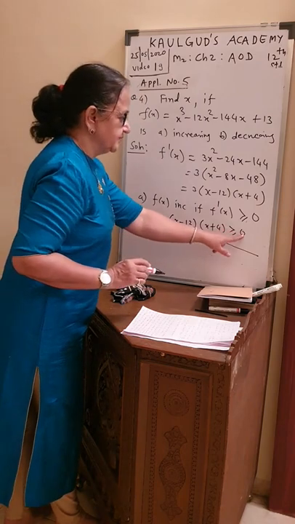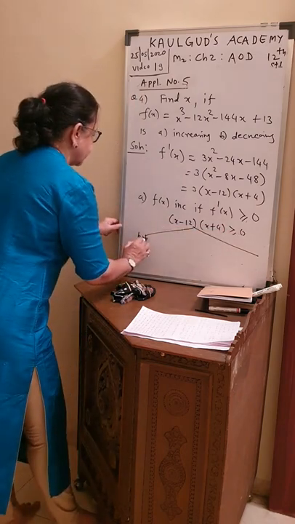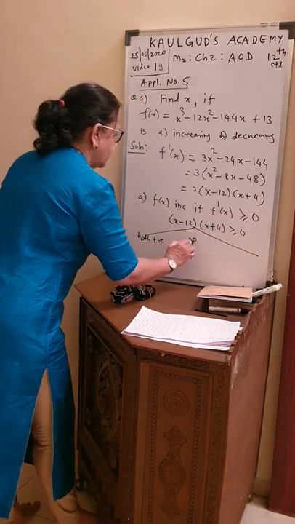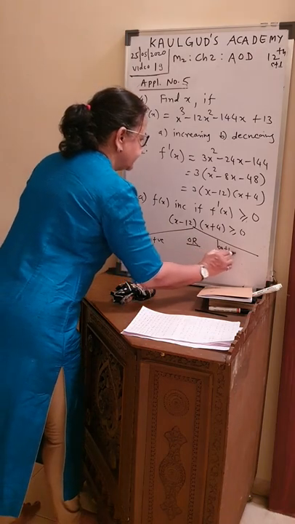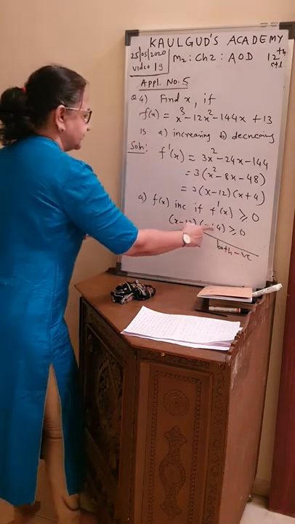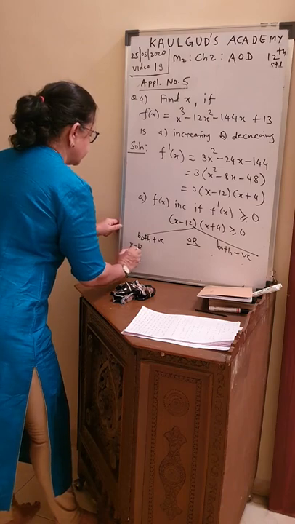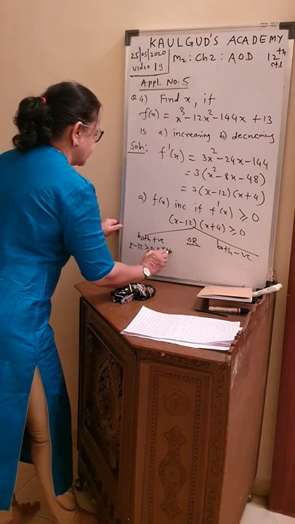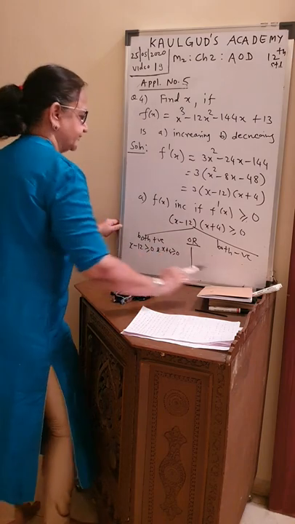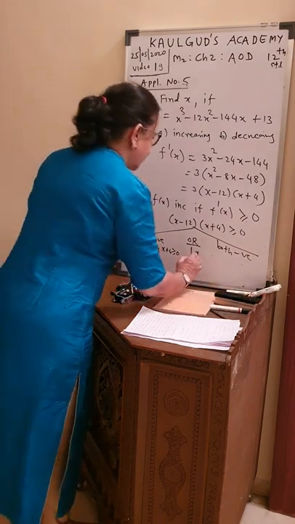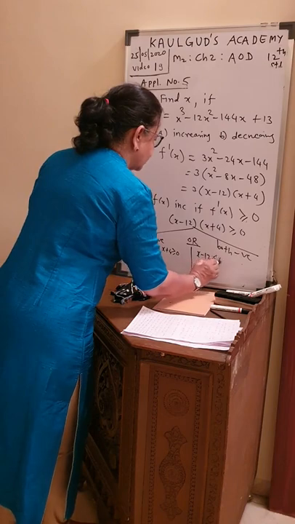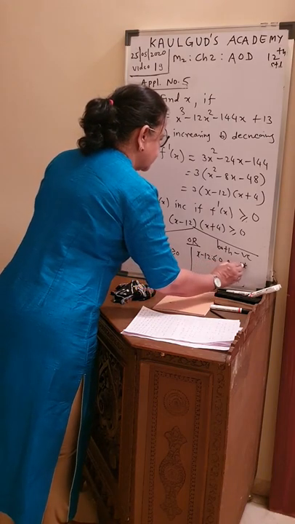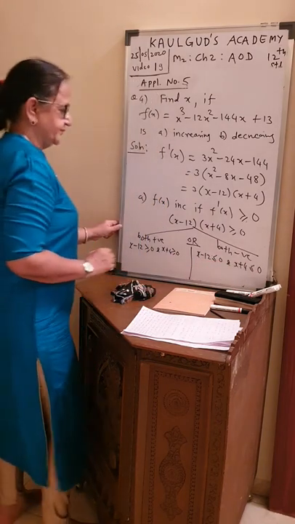Product should be positive, so both positive or both negative. Both positive: x minus 12 greater than or equal to 0 and x plus 4 greater than or equal to 0. Or both negative: x minus 12 less than or equal to 0 and x plus 4 also less than or equal to 0.